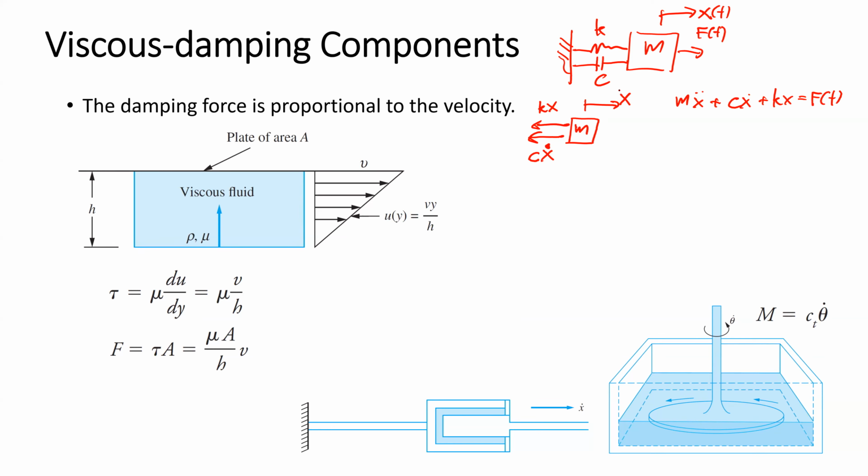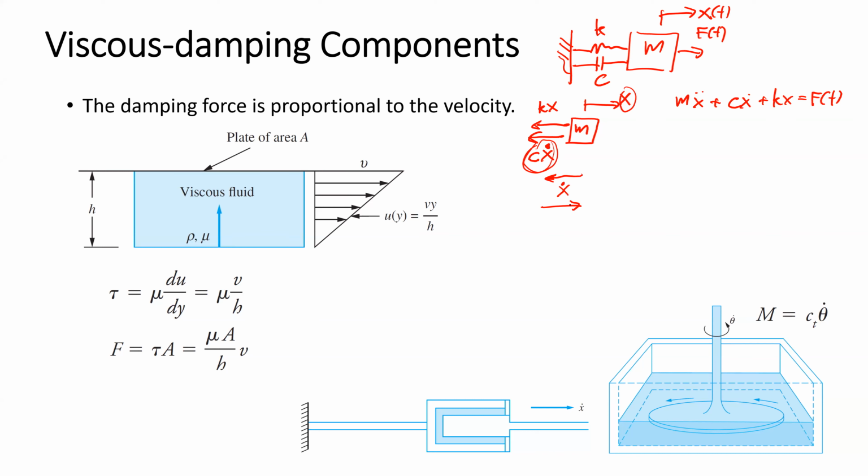If the mass has the velocity to the right hand side, the force due to the damper will point to the left hand side. On the contrary, if we move it to the left hand side and x dot has the direction to the left hand side, the force generated by the damping will be on the opposite direction to the velocity.